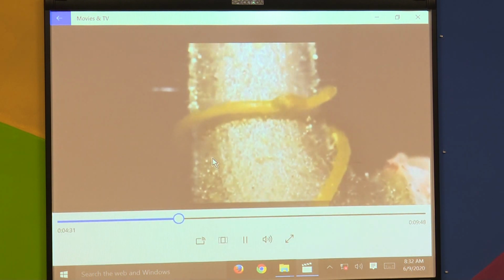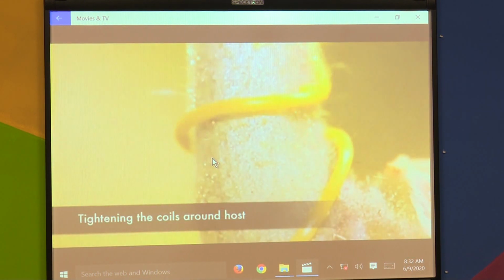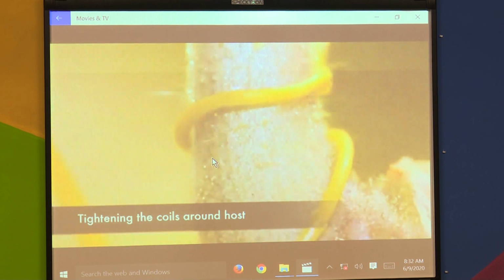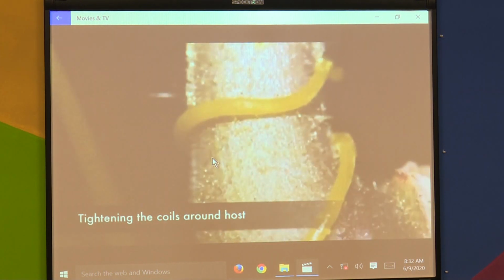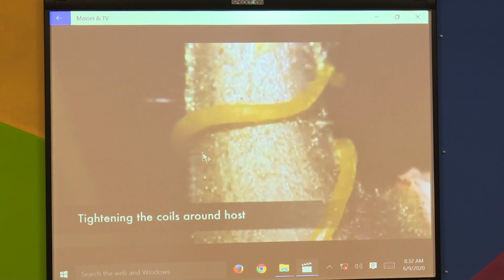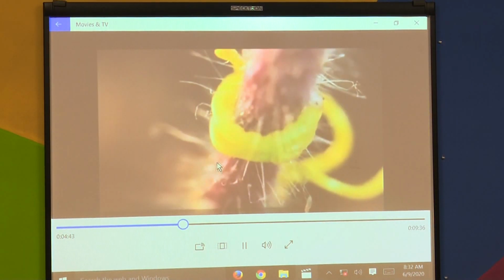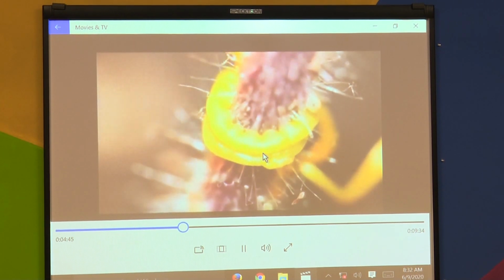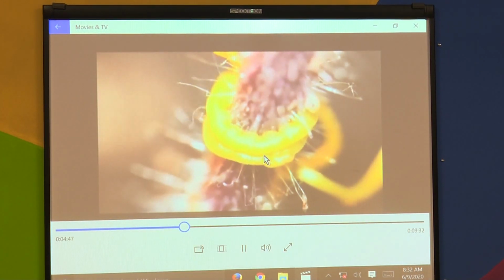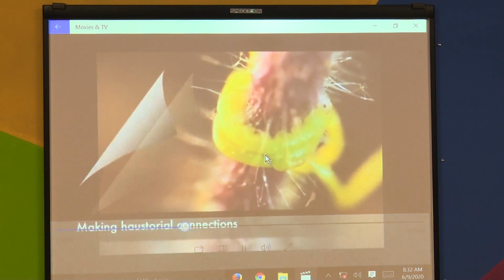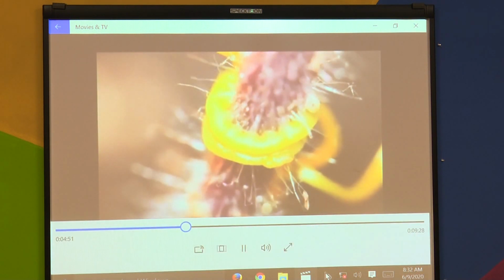Then we can watch a short video on cascata, how this plant grows on other plants and uses the nutrients of other plants. You can see here, in the first clip it is tightening around the other plant. It is growing on the stems or branches of the other plant, around the branches or stems of its host.